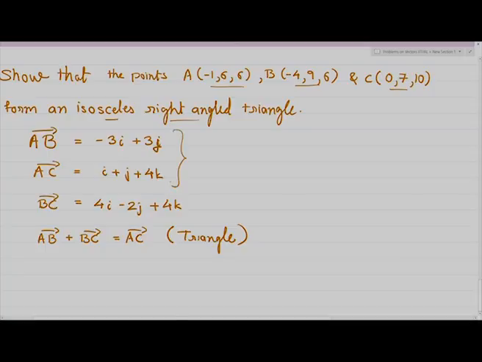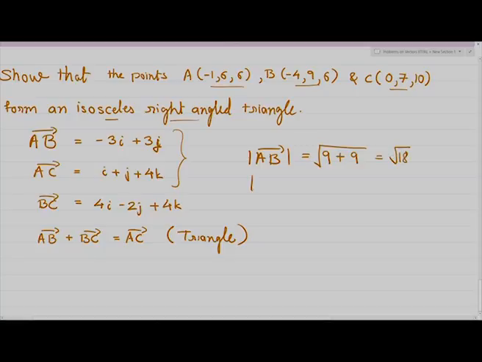Why? Because you square each term and see if it is happening. So, AB bar is equal to what? 3 square, which is 9, plus 3 square, which is 9, and root of that. So, that is square root of 18.